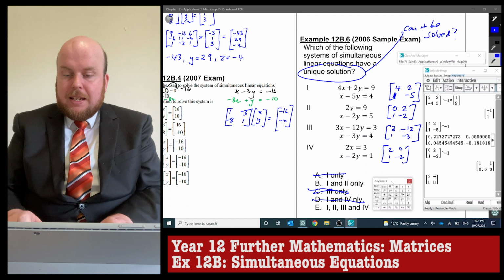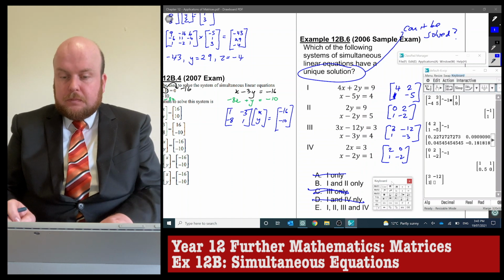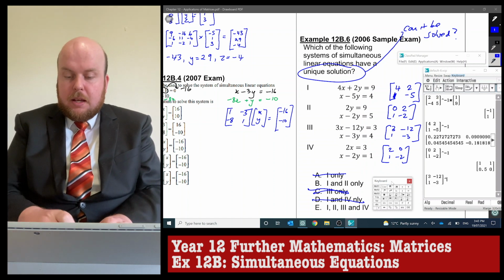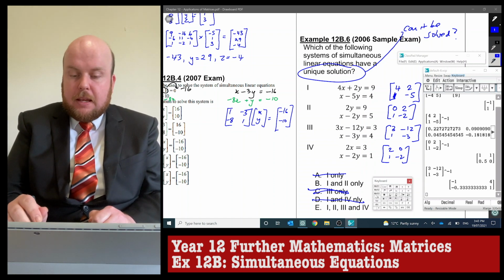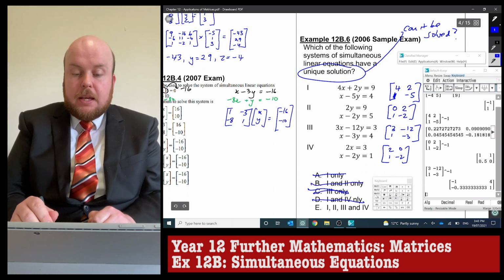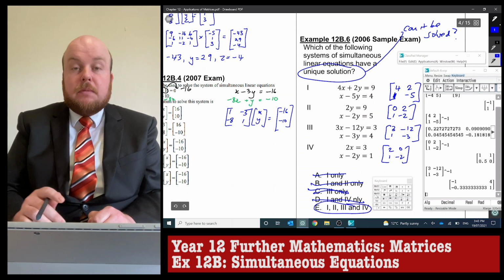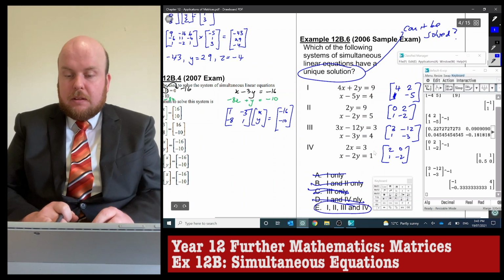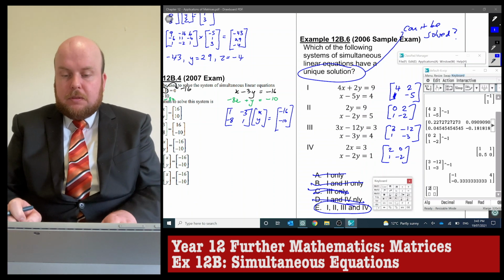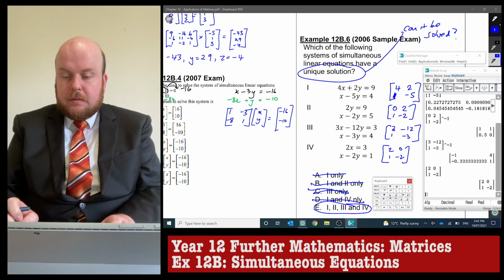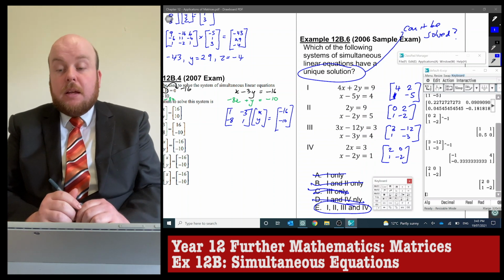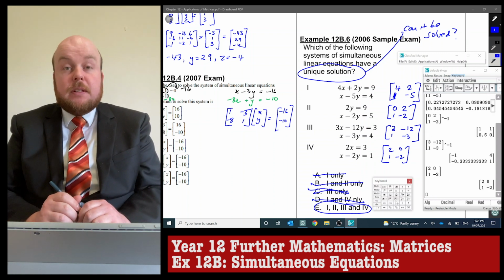So 3, -12, 1 and -3, do the inverse of that, and yes, that can be inversed, so we can eliminate B, and so our answer will be E. I don't even need to check the fourth one, although for sake of completion, we'll do that as well. And there we go. That can be inversed, as you can see.